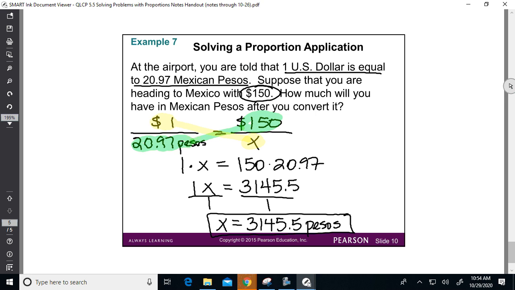So there's your conversion element. Any questions on those last two problems before we take a short break to transition notes pages?